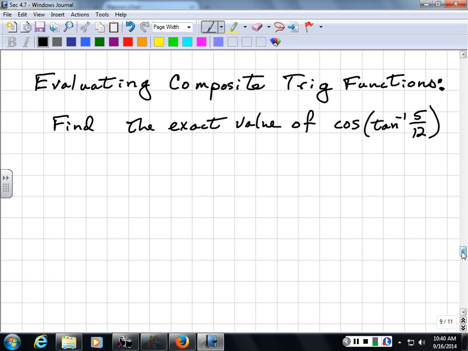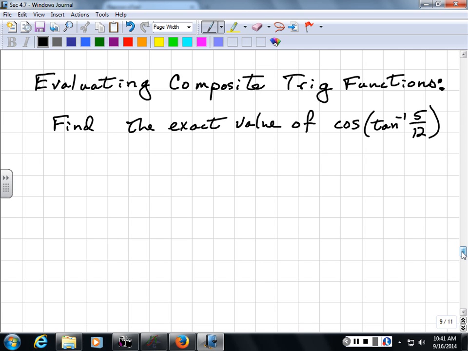What'd you get? Yeah, because you can go backwards, right? You guys know how to use your fraction and decimal key on your calculator? What happens when you try that? What'd you get? 12 over 13.